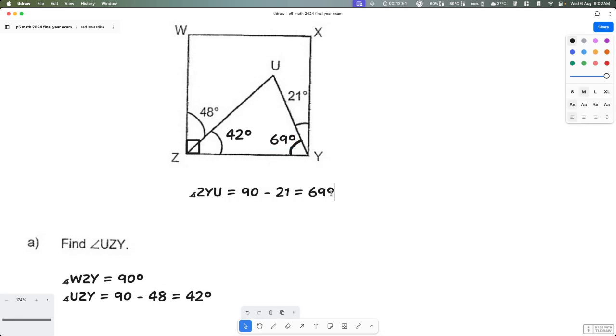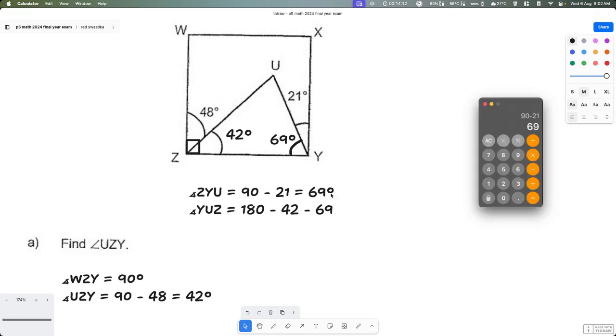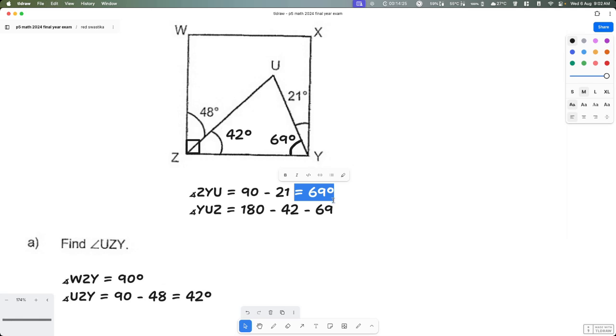So now we need to get angle YUZ, which is basically 180 minus 42 minus 69. Right, let's see if this gives us 69 as well. So it's 180 minus 42 minus 69, and the answer is 69 as well. All right, so that means this is an isosceles triangle.